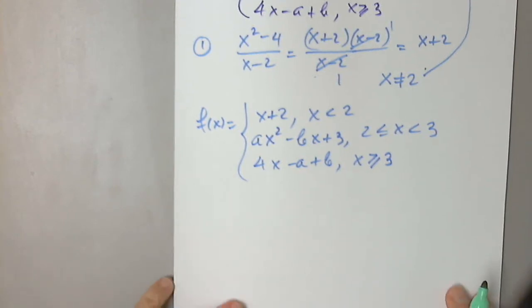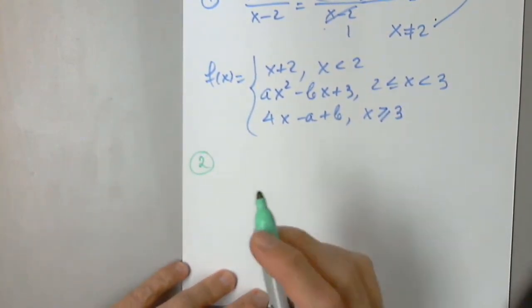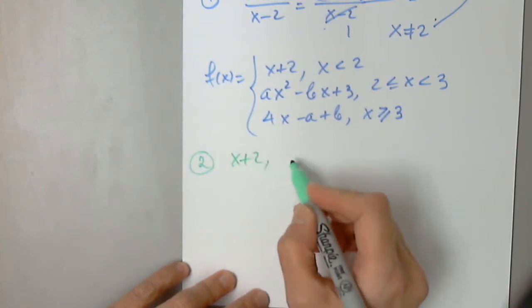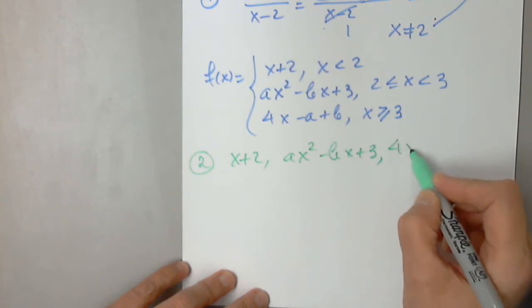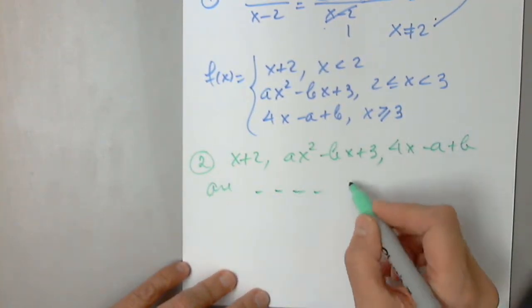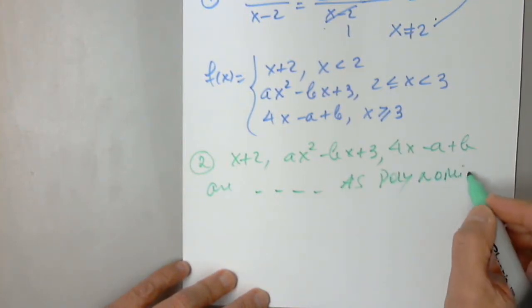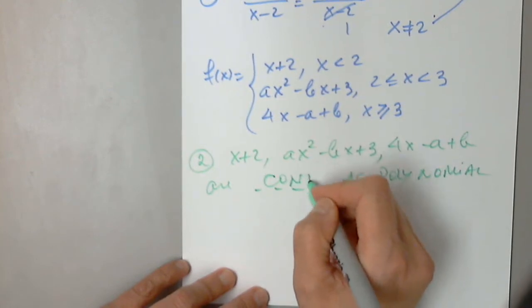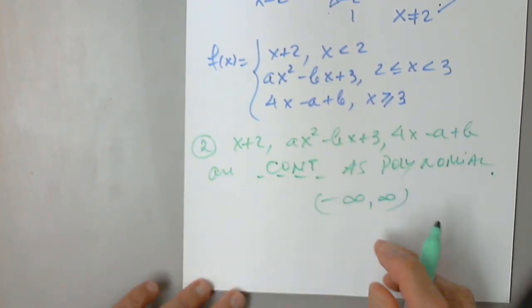Now, in step number 2, I will have to write that x plus 2, ax squared minus bx plus 3, as well as 4x minus a plus b are continuous as polynomial functions everywhere, on negative infinity to infinity.